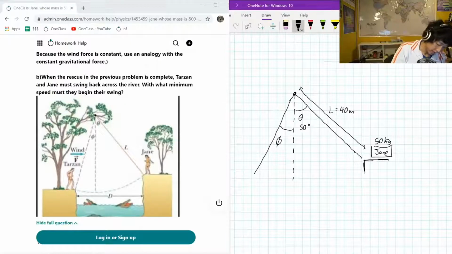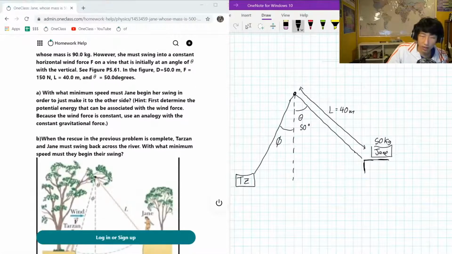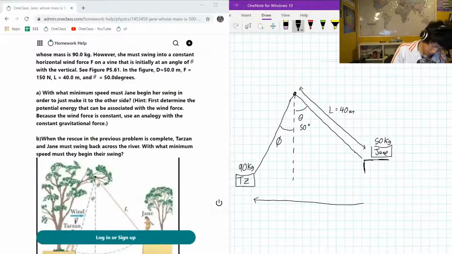And here we got Tarzan. Let's just say TZ. Tarzan from Tanzania. Tarzan was 90 kilograms. The distance between them here is 50 meters.